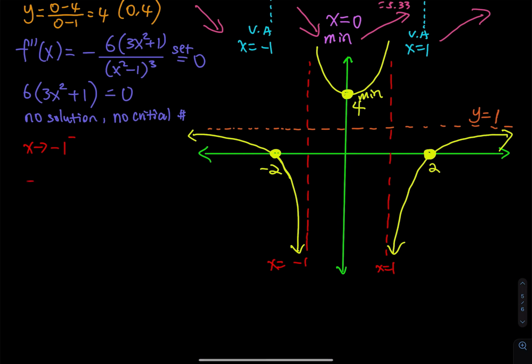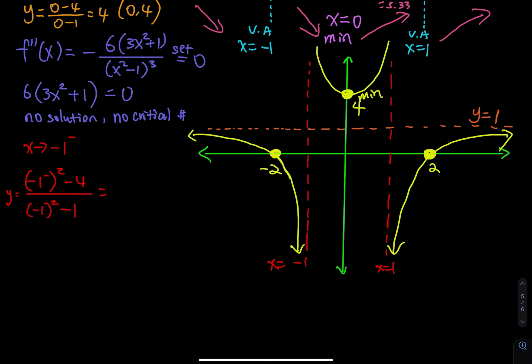We have y equals x squared minus 4 over x squared minus 1. For the top, I am not going to worry about that.